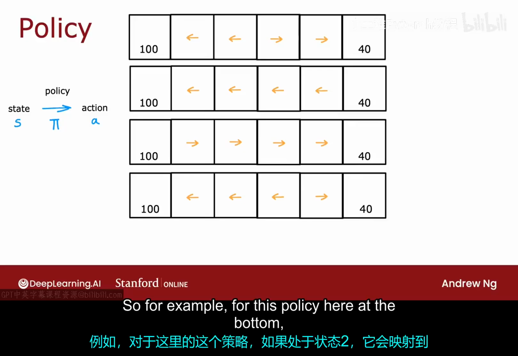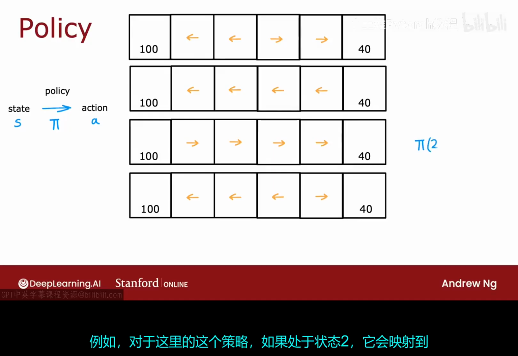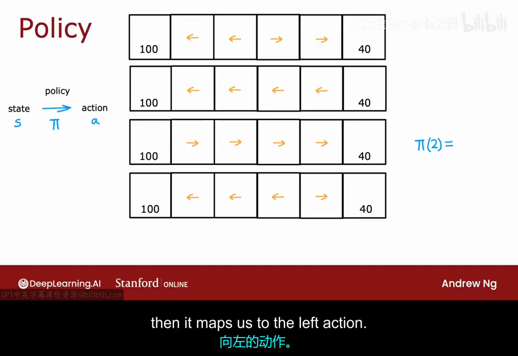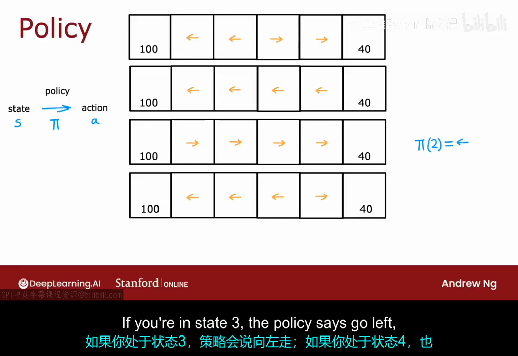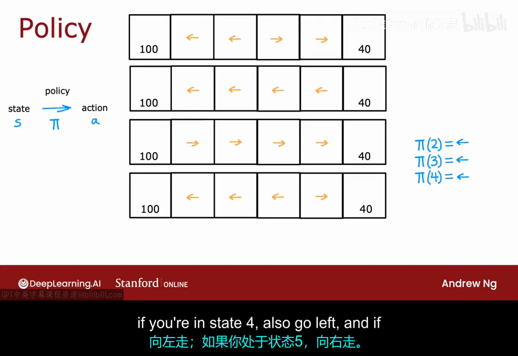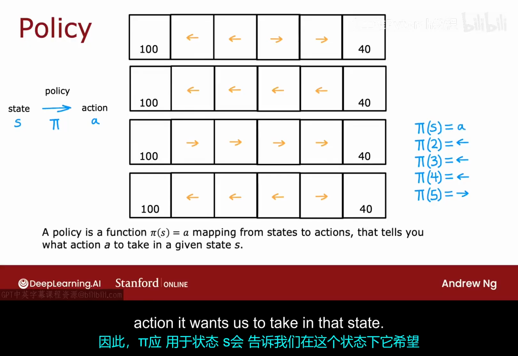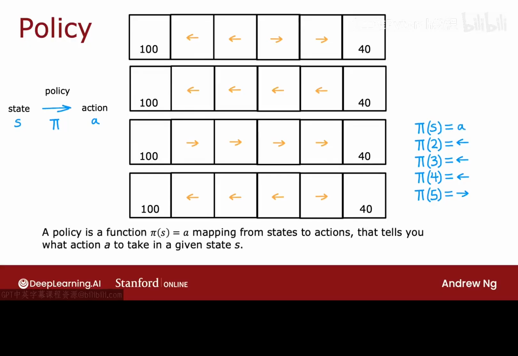So for example, for this policy here at the bottom, this policy would say that if you're in state 2, then it maps us to the left action. If you're in state 3, the policy says go left. If you're in state 4, also go left. And if you're in state 5, go right. And so pi applied to state S tells us what action it wants us to take in that state.